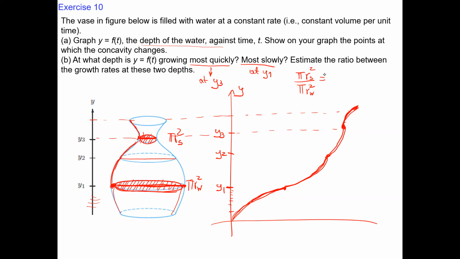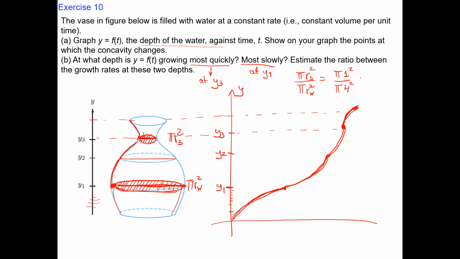If the ratio of that area is less than 1, then that will be whichever is slowest. We know that the big circle is slowest. That means I can say that if this radius is 1, this one is 4, because it's 4 times bigger. Or we can say 5 times bigger.